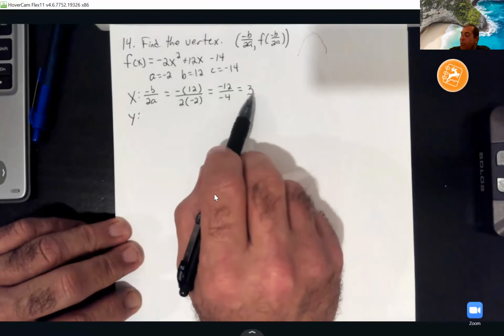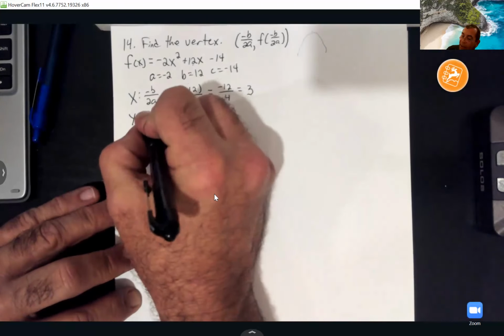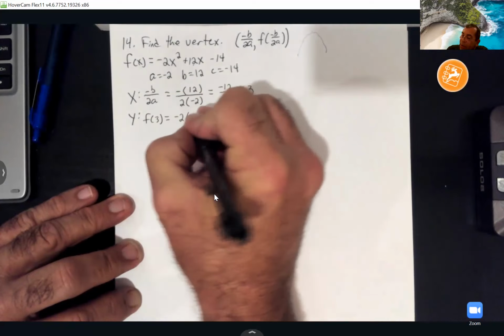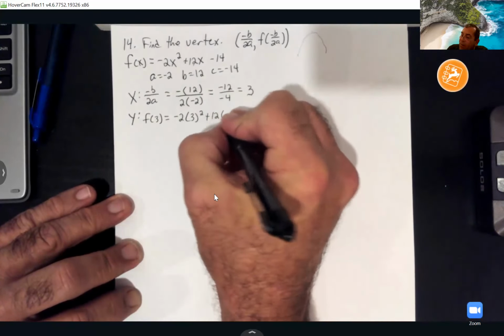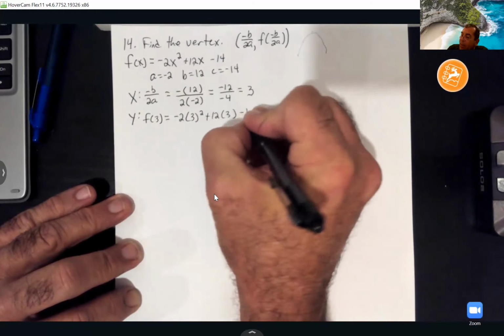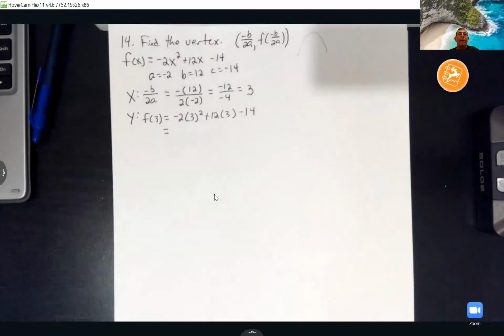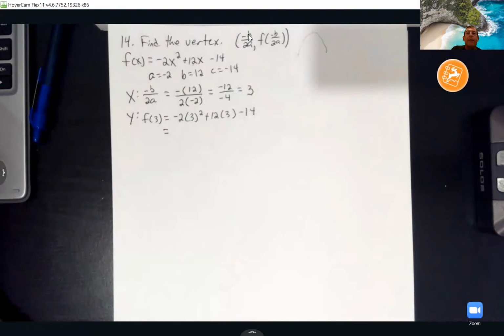So to get the y value, we put that 3 in for these two x's. So we're finding f of 3 now. Negative 2 times 3 squared plus 12 times 3 minus 14. And y'all, this part, we can plug right into our calculator.